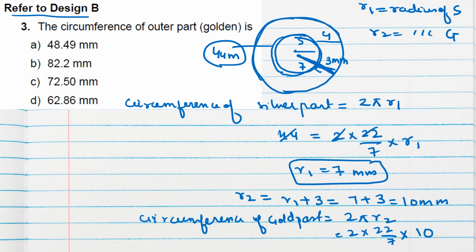Okay, so we can cancel all these things here. From 7, if we cancel 7 ones are 7, then 3 will remain. 7 4s are 28, 2 will remain, 7 2s are 14. So we are left with 2 into 22 into 1.42, that is 44 into 1.42.